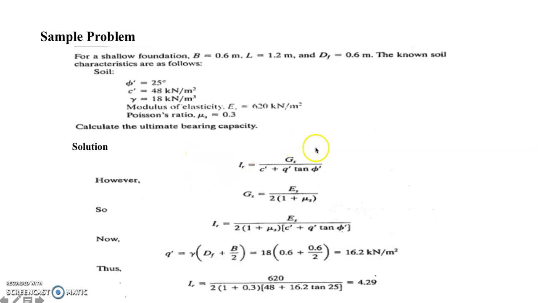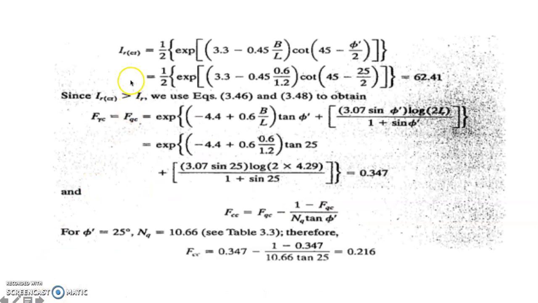Of course, for this one, you're going to follow the procedure to obtain the soil compressibility factors. Following that procedure, substitute the given data for the variables, so you obtain this equation for your soil compressibility factor. Based on the angle of friction, which is 25 degrees, you can get from the table that N sub Q is equal to 10.66.